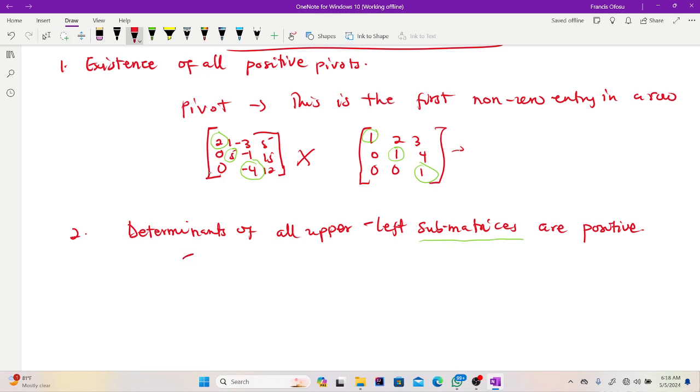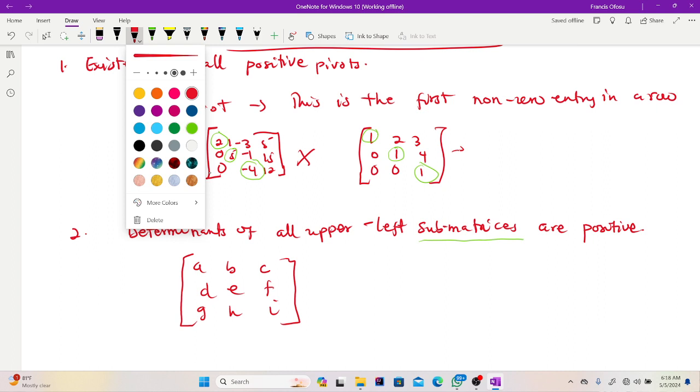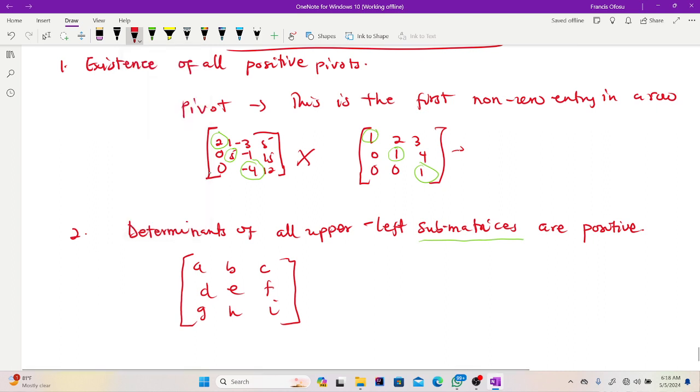So let me show you what the sub matrices are. Given any matrix, let's say A, B, C, D, E, F, G, H, I. When we are talking about the upper left sub matrices, all that we are trying to say is this is one matrix on its own.